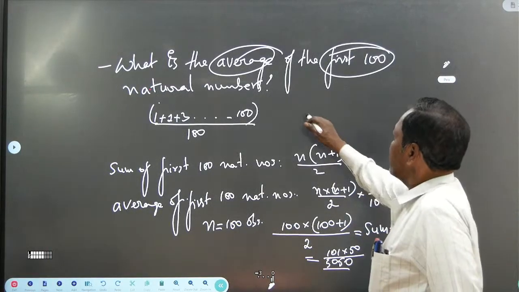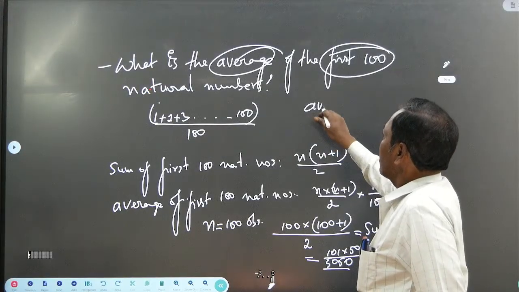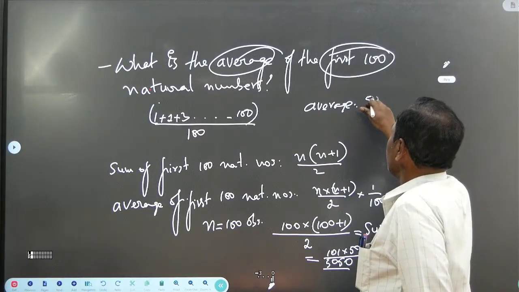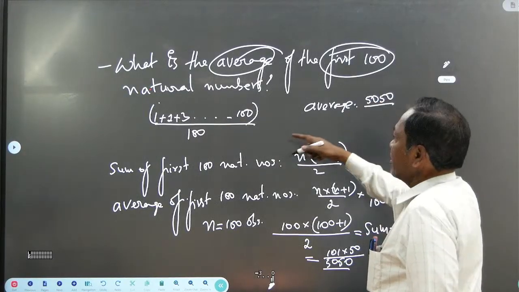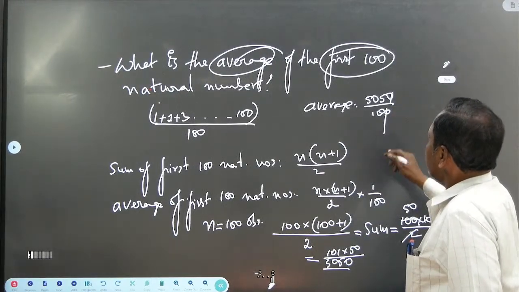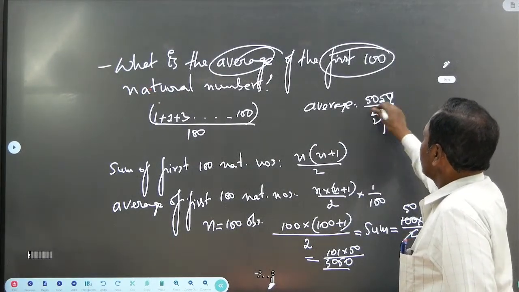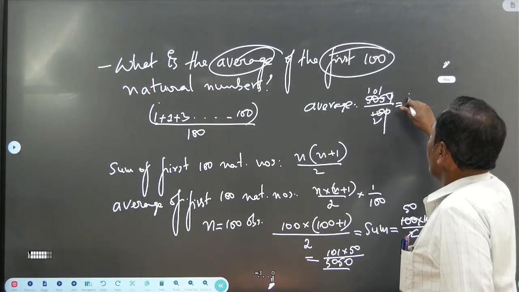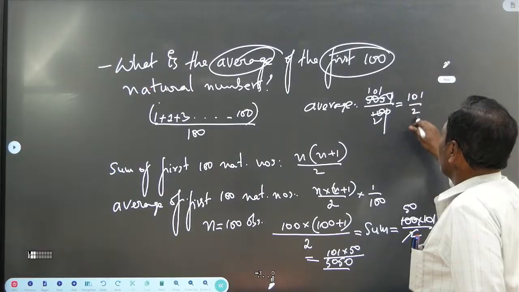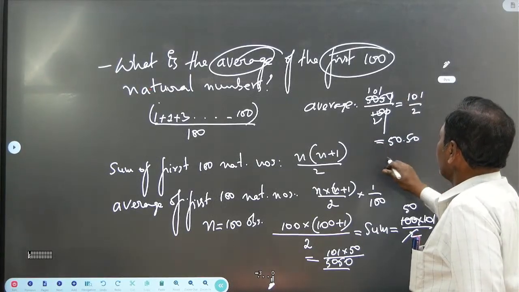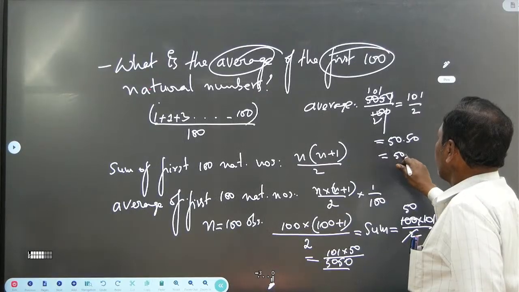Average is 5050 by 100. So the 0s get cancelled here, and you get 101 by 2, which is 50.5.